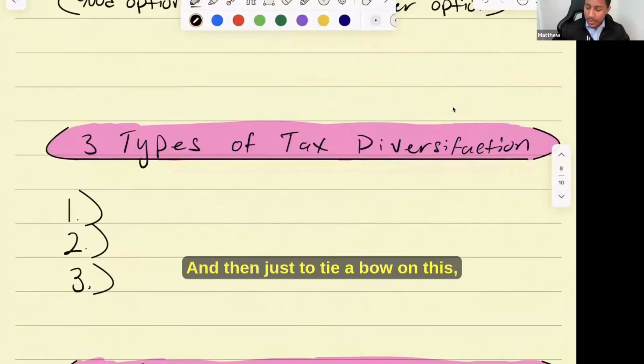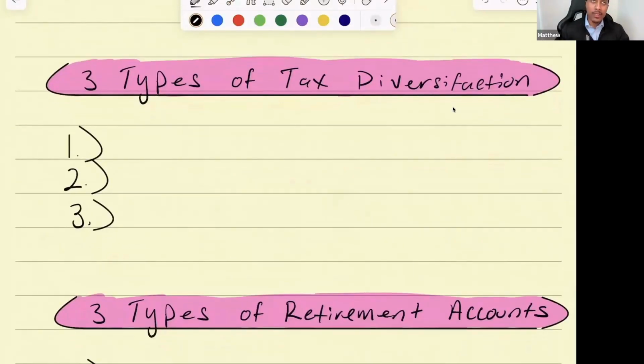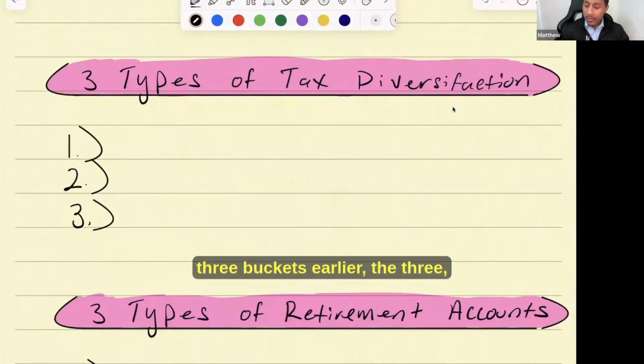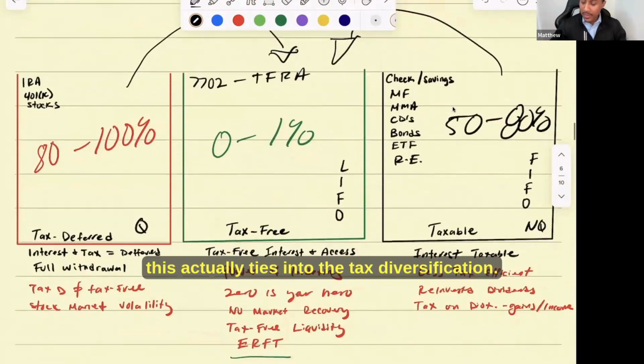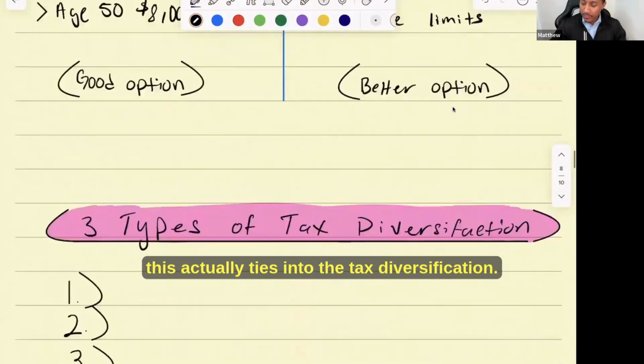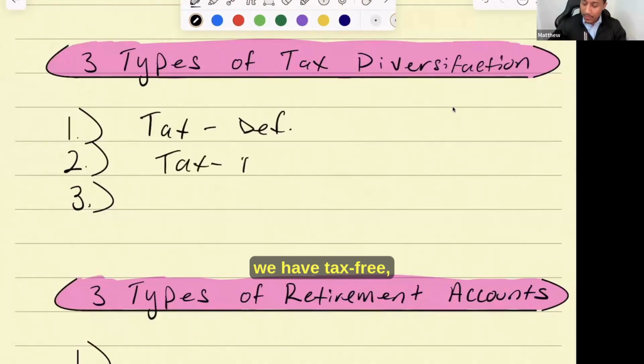And then just to tie a bow on this, when I mentioned the three buckets earlier, this actually ties into the tax diversification because we have tax deferred, we have tax free, and we have taxable.